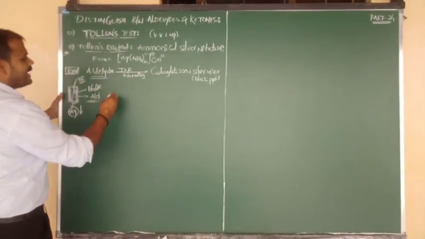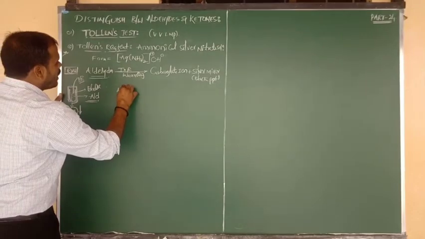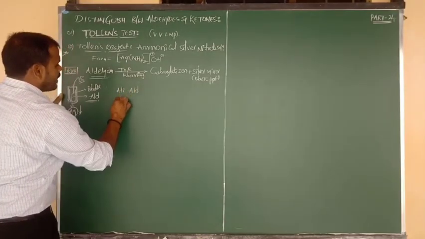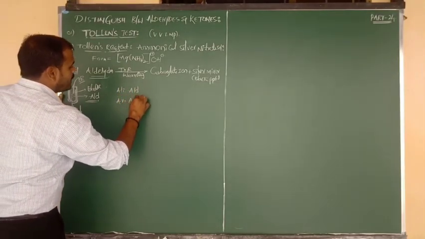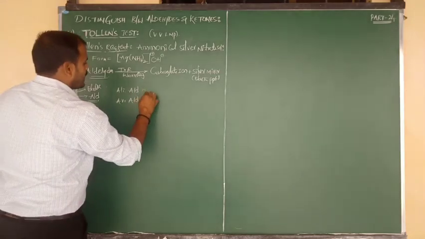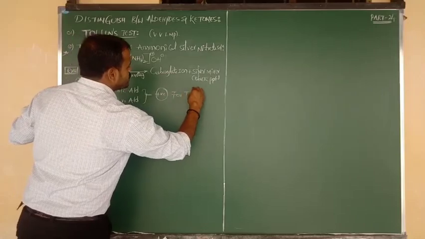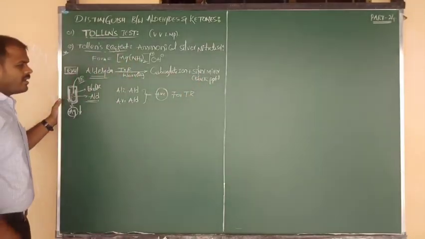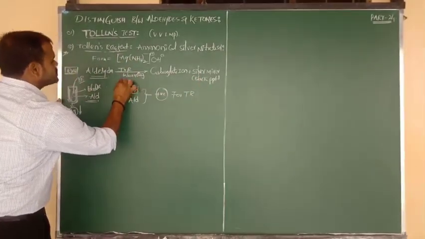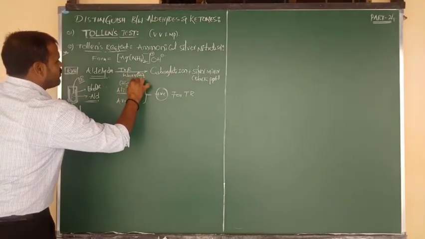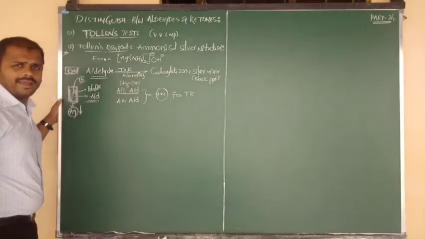So the final thing is that all aliphatic aldehydes and all aromatic aldehydes are positive for Tollens reagent. What is an aliphatic aldehyde? For example, you can write acetaldehyde, formaldehyde, propionaldehyde, like that.